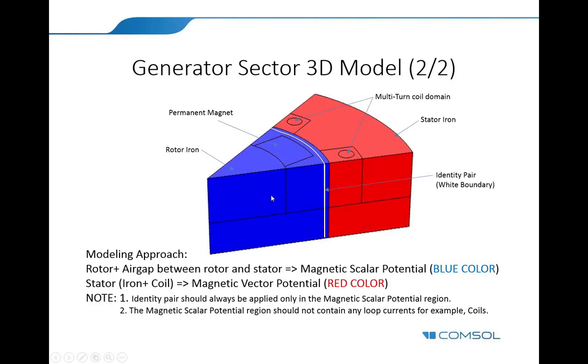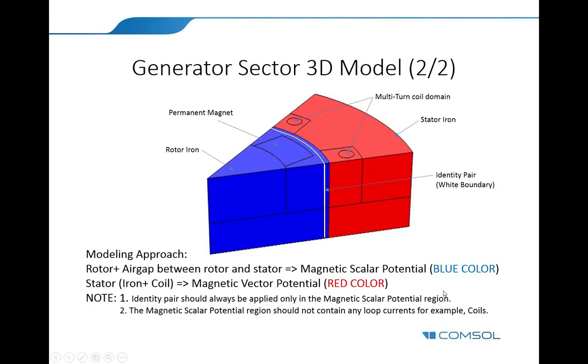Since the scalar potential region does not support any current carrying conductors, it should be divergence free. The other requirement is that for the identity pair, represented here with the white line, the domains or regions on either side of the identity pair should be a scalar potential.